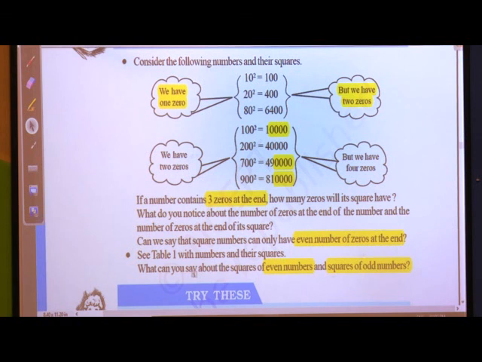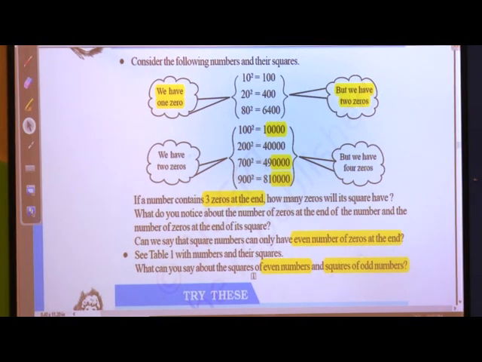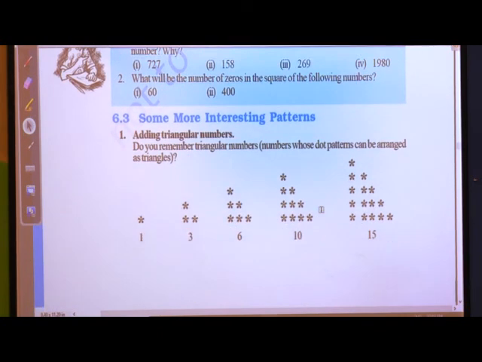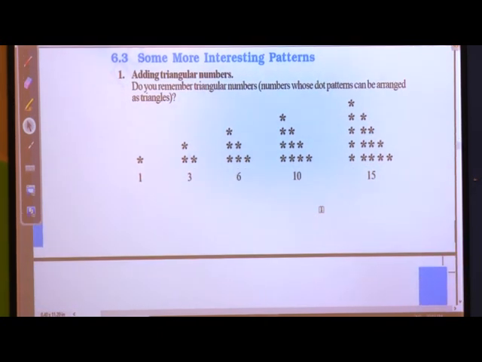What is your prediction about squares of even numbers, and squares of odd numbers? You can try to find it out.